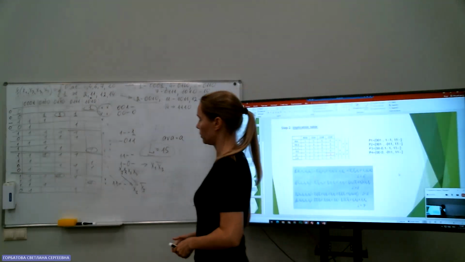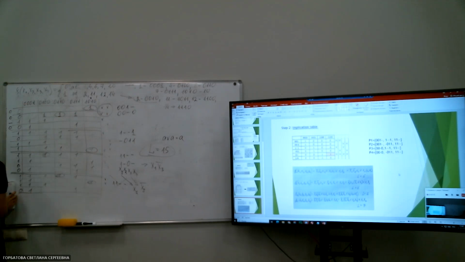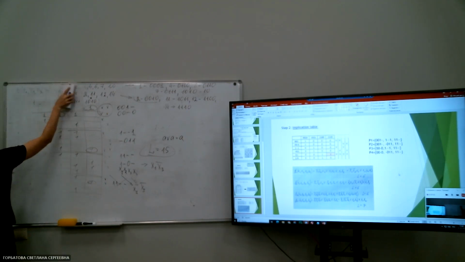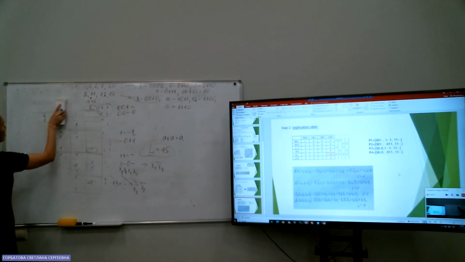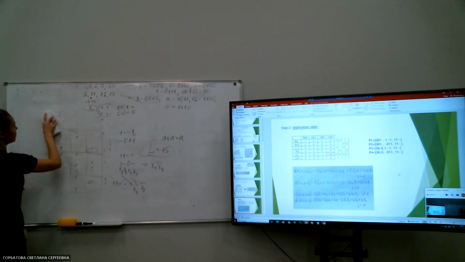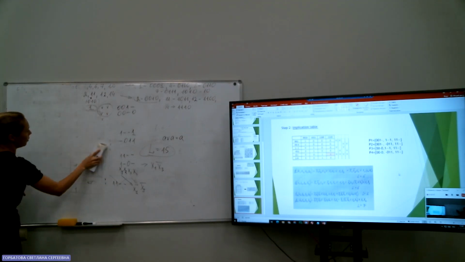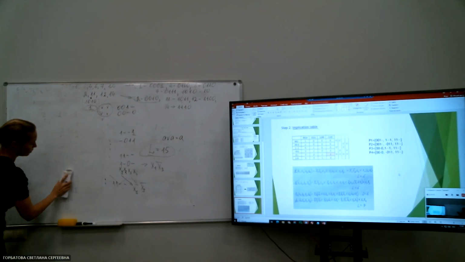Implication table. So we need to remove some intervals from our function.